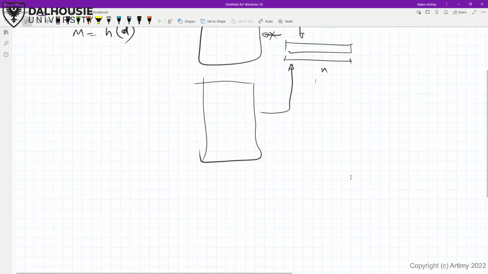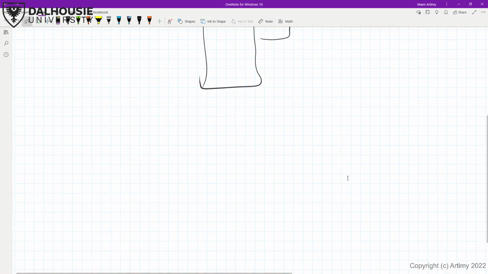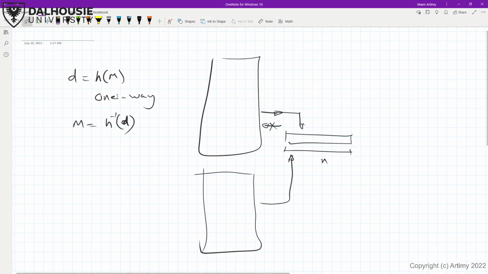So let's take an example. Let's say we are representing the hash function with h, and if I take the hash here, we end up with d, which is the output. Let's say the output is, hypothetically speaking, 4 bits, 0000 0001.